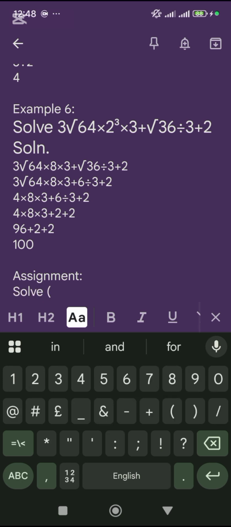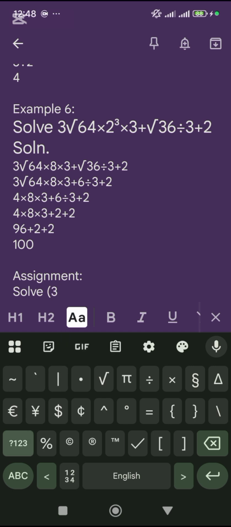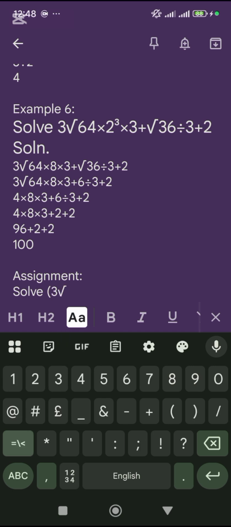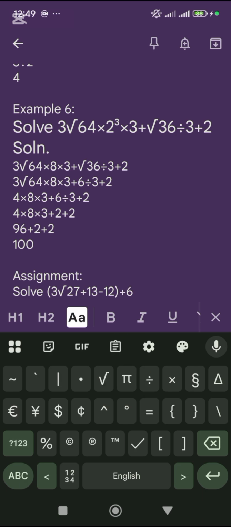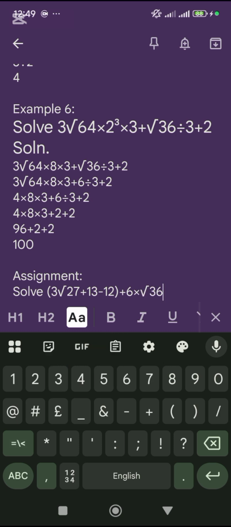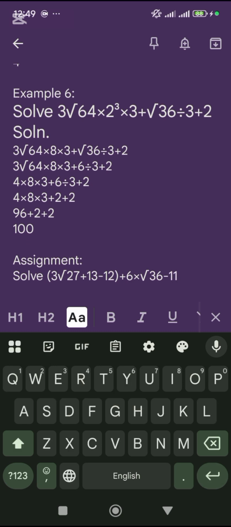This is a bracket open, cube root of 27 plus 13 minus 12, close bracket, plus 6 times the square root of 36 minus 11. Okay, let's see how you solve this. You can leave the answers in the comment section.